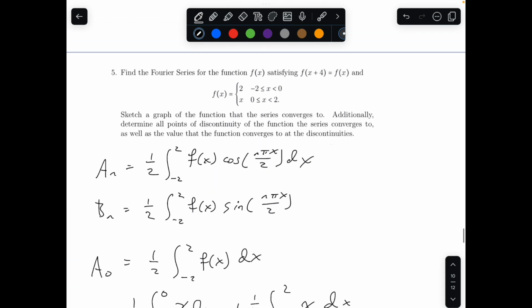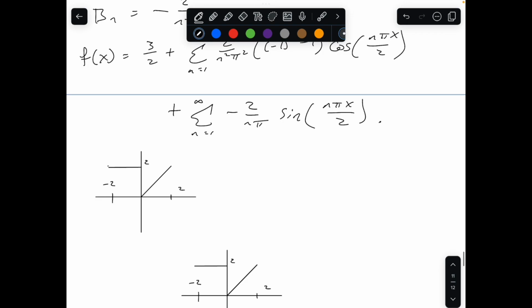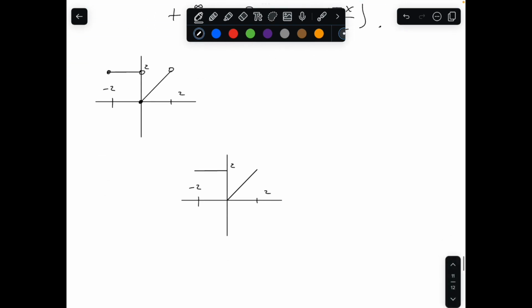By the way, where are the domains? Less than or equal to, and less than, so it would be like here, and then open, and then closed, and then open.